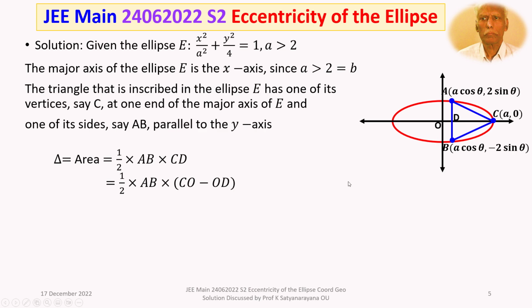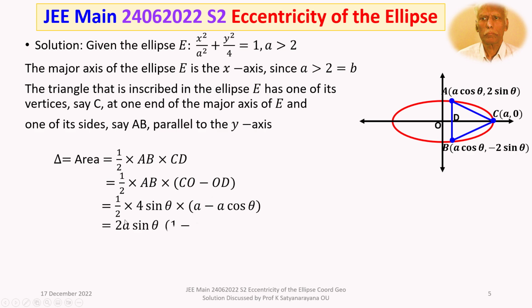OD is a cos theta. So that will be 1 by 2 into AB. AB is 2 sin theta minus of minus 2 sin theta, the difference, that is 4 sin theta, into CO is a, minus OD is a cos theta.